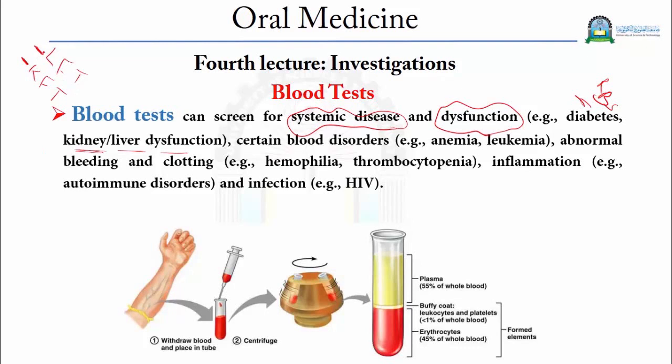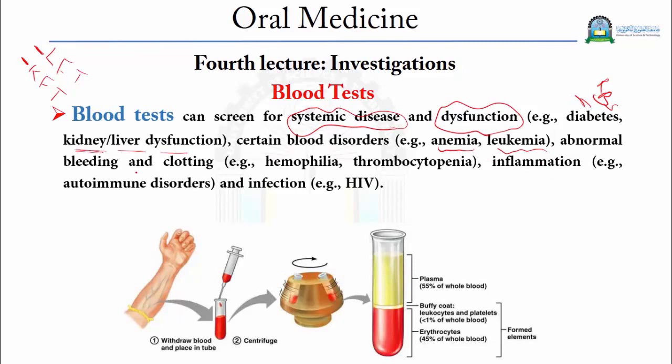Also certain blood disorders can be screened by blood tests, like anemia, by counting the blood cells, and also leukemia, the cancer of blood.